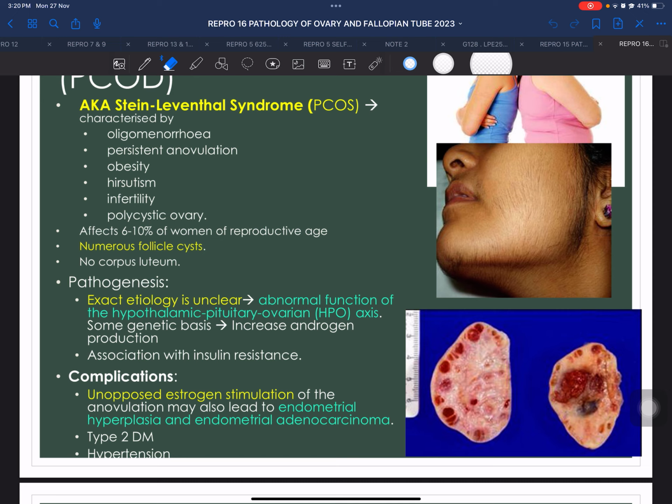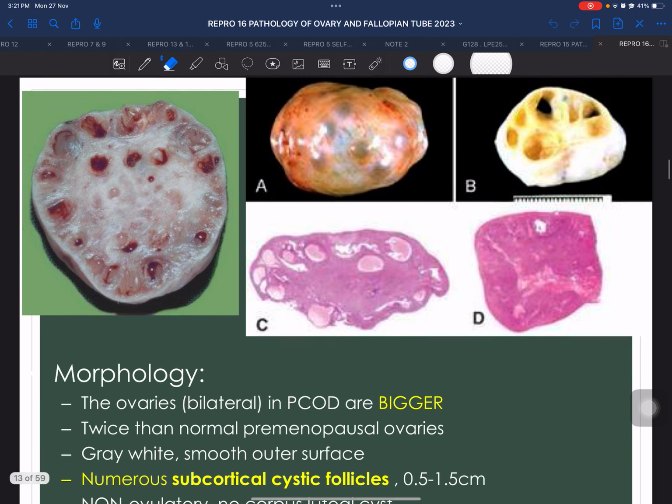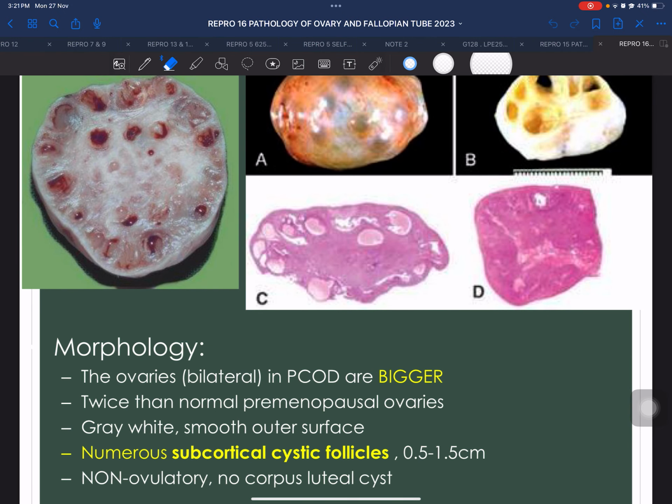Okay, and then because of the insulin resistance, they are also prone to get type 2 diabetes mellitus and hypertension. Okay, so morphologically, usually they involve both sides, so bilateral involvement.